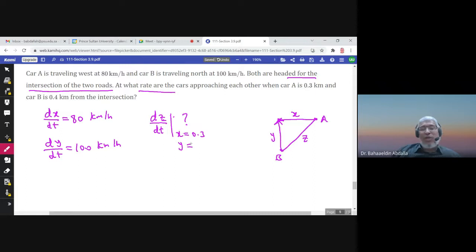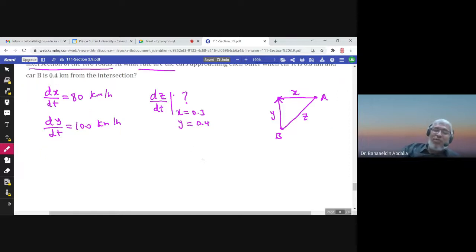When car B is 0.4 kilometer from the intersection. So that's the question: what is dz by dt when x is 0.3 and y is 0.4? So what are the variables in the question? Z, x, and y. These are the variables.